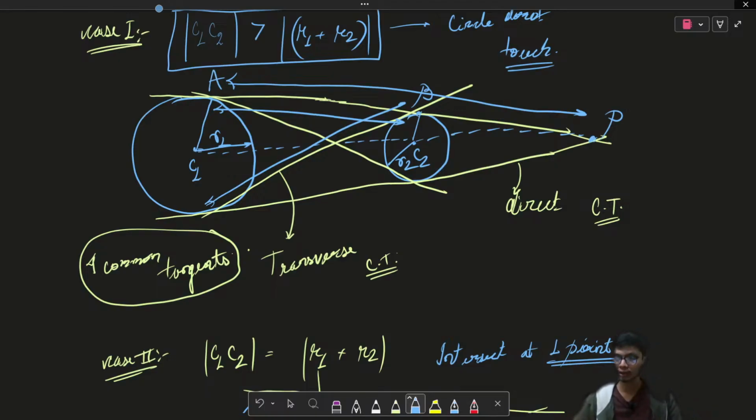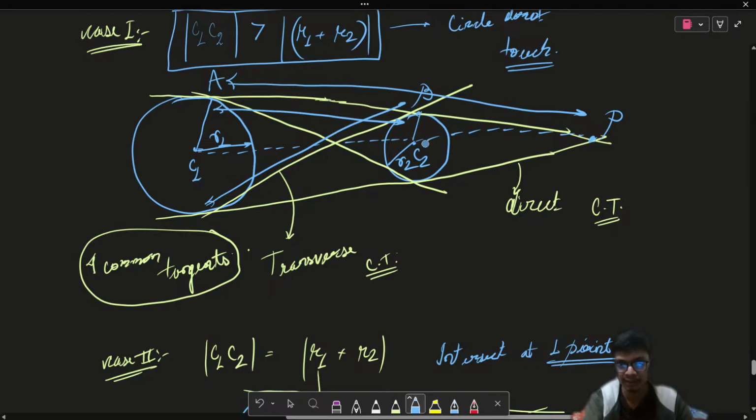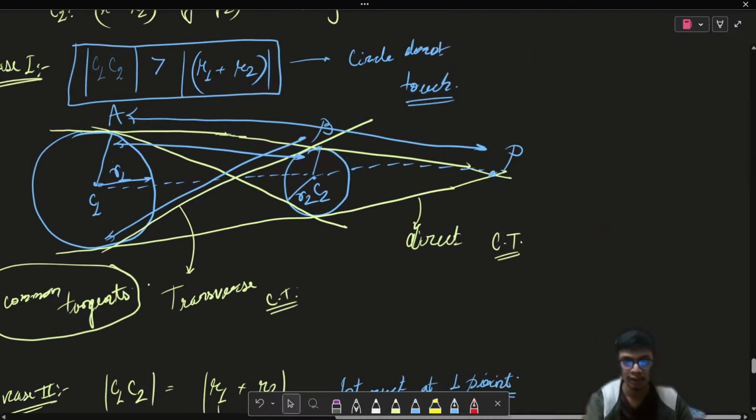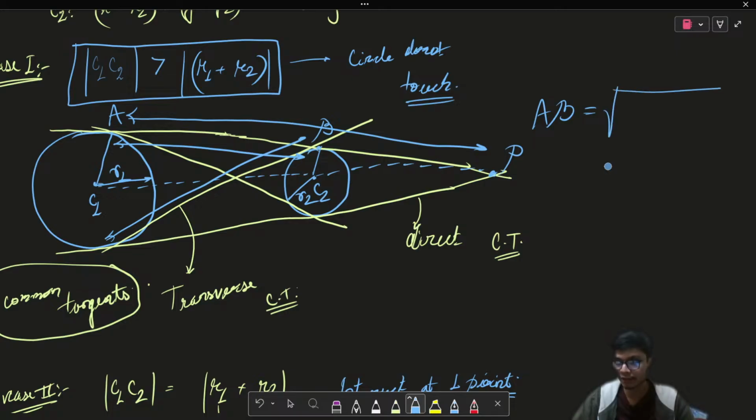We can always use our geometrical understanding to find the length of these tangents. For example, if I want to calculate the length of this exterior tangent, that is basically AB, then from point P I have to draw a perpendicular on AC1, and that distance is going to be small d.